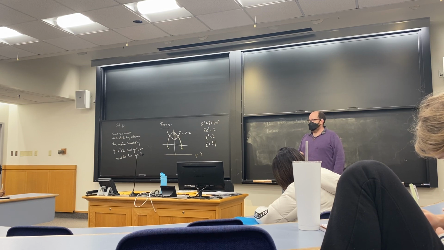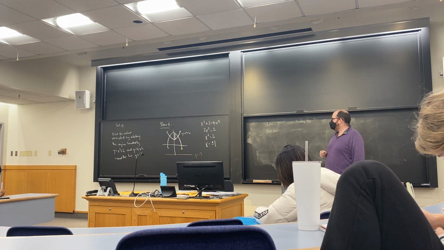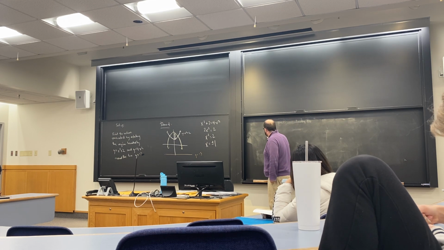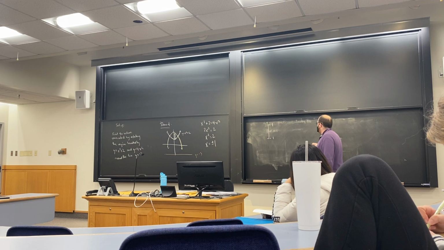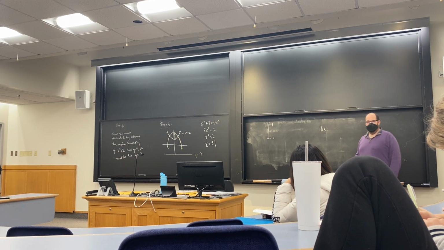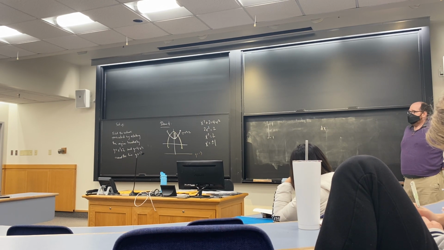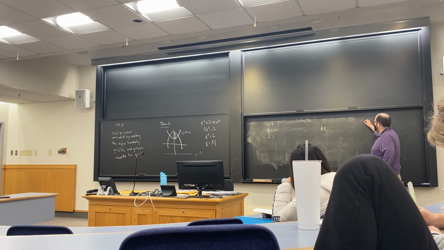Are those steps okay? So my integral is going to go from -1 to 1 times dx. We've already established all that. So what's left to do is to find, remember we had this formula, right?